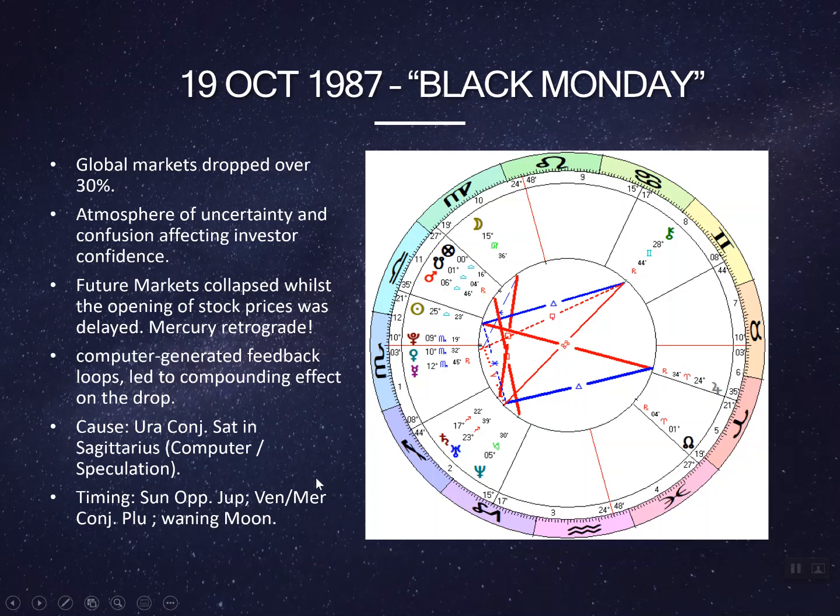I also want you to pay attention to Venus and Mercury being in very close proximity of a conjunction with Pluto. That would also have led to a timing trigger. The way I like you to think of this, when you're looking at astrology and planetary harmonics, think of it as a key that's going through a lock.